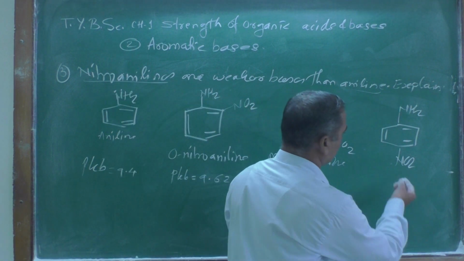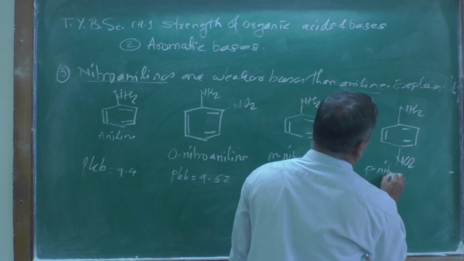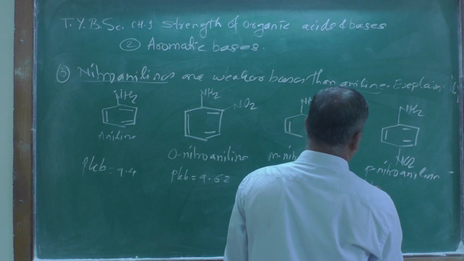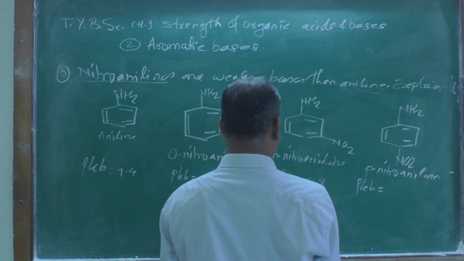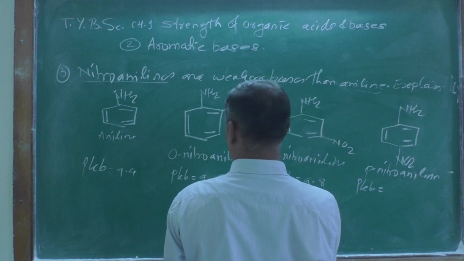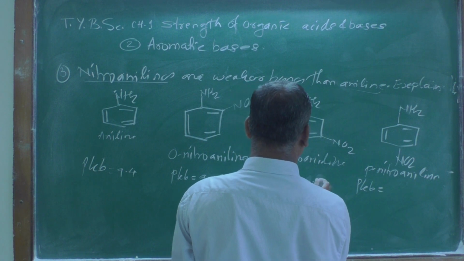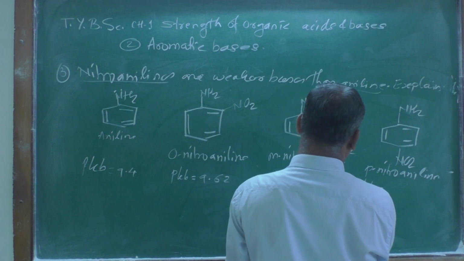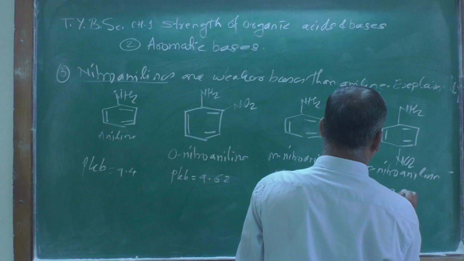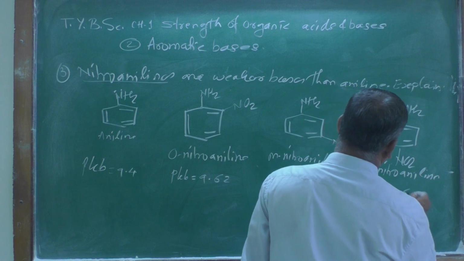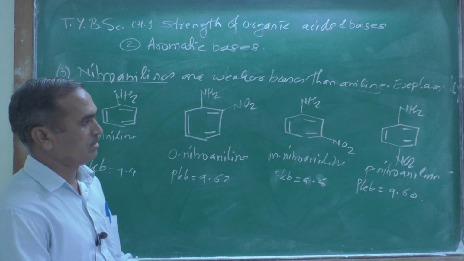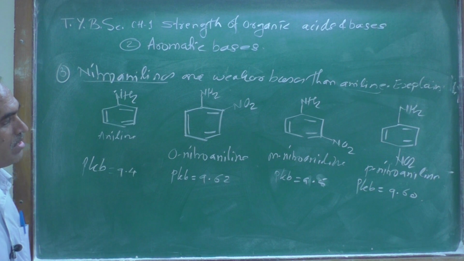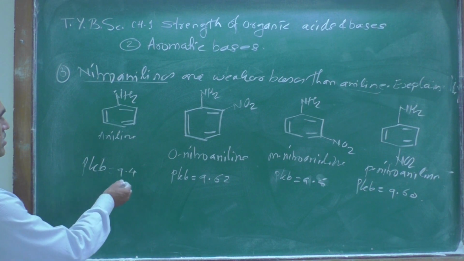The name of the last structure is para-nitroaniline, and its pKb value is roughly 9.5 something, you can remember, and this one may be 9.60. Okay, those are some of the pKb values. And what do you see here? These nitroanilines are weaker bases as compared to aniline.